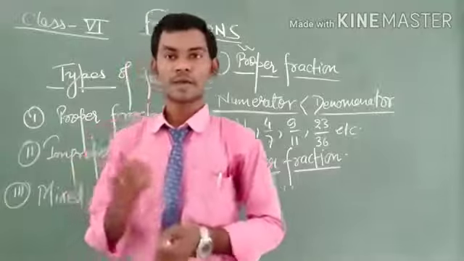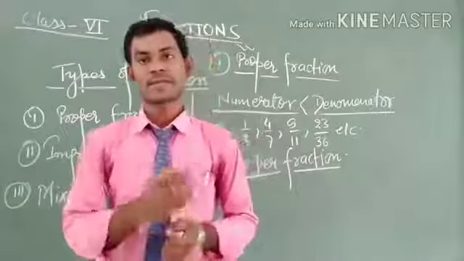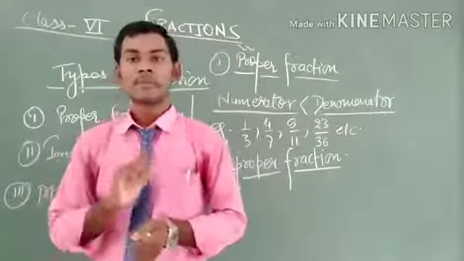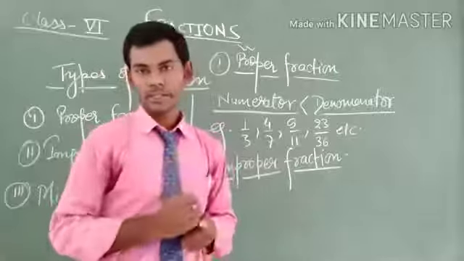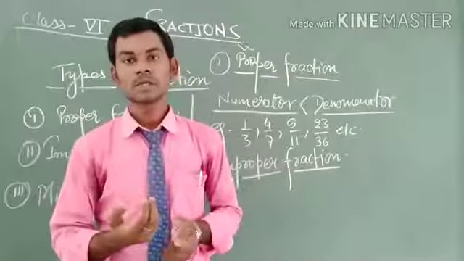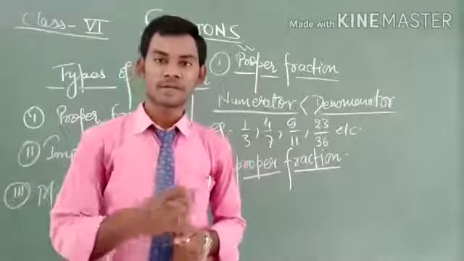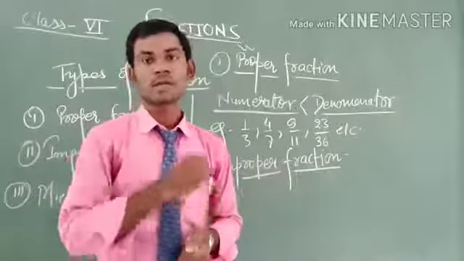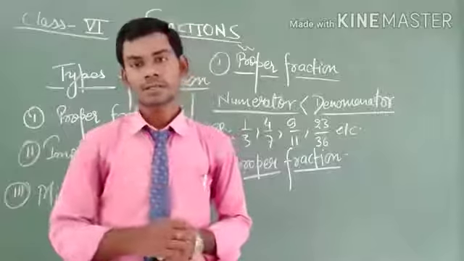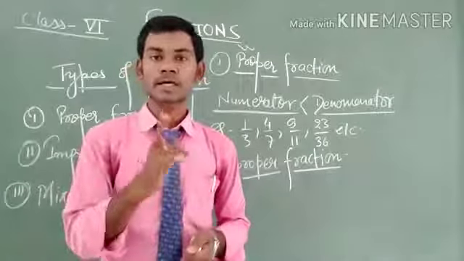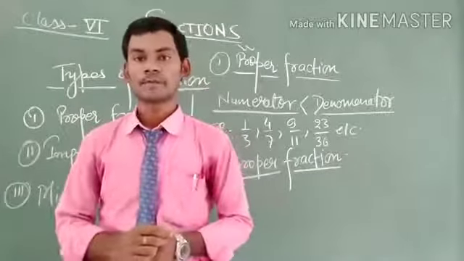So here we have three definitions. We can say that it is the opposite of proper fraction. Why do we say opposite? Because in the proper fraction the numerator is less than the denominator, so in the improper fraction the numerator will be greater than the denominator.